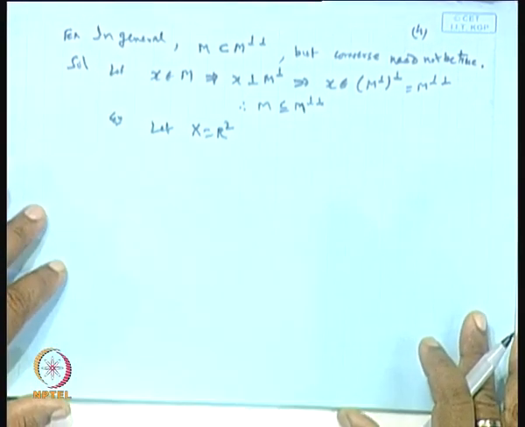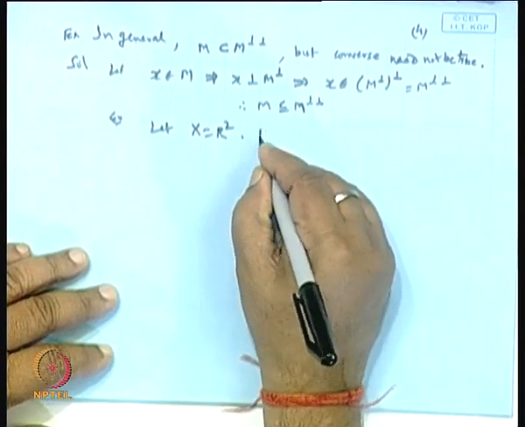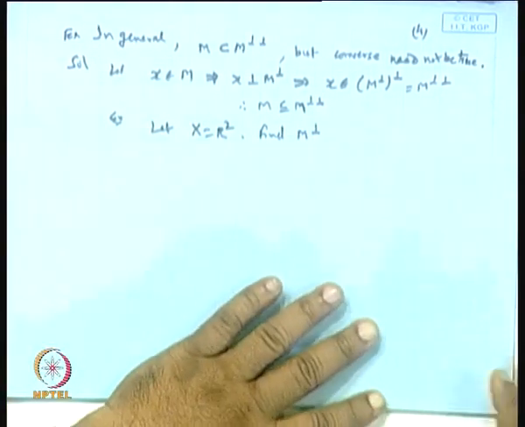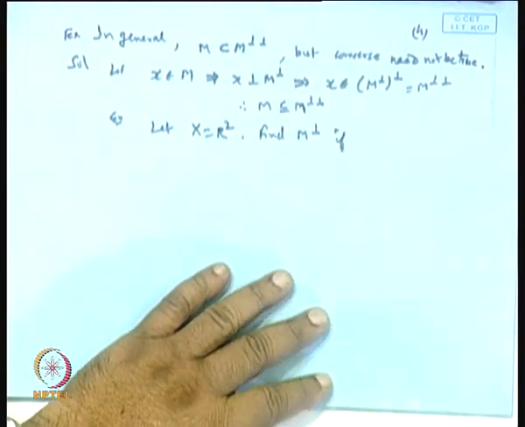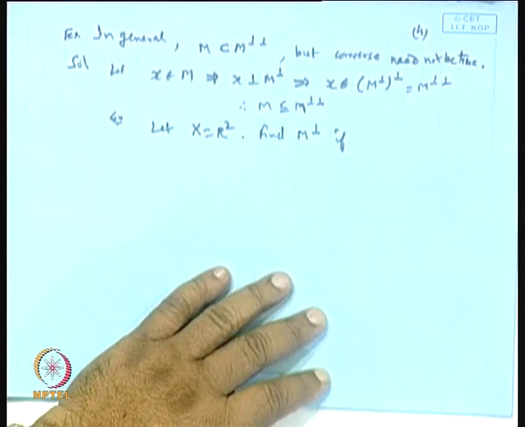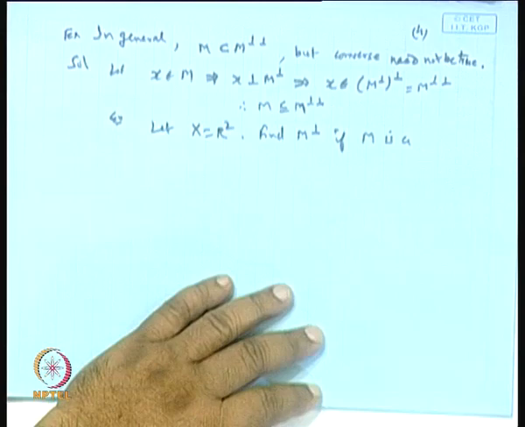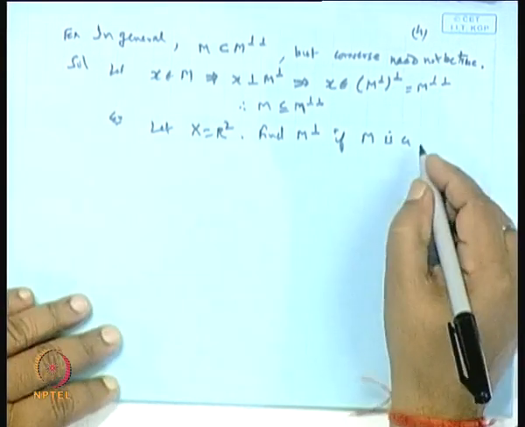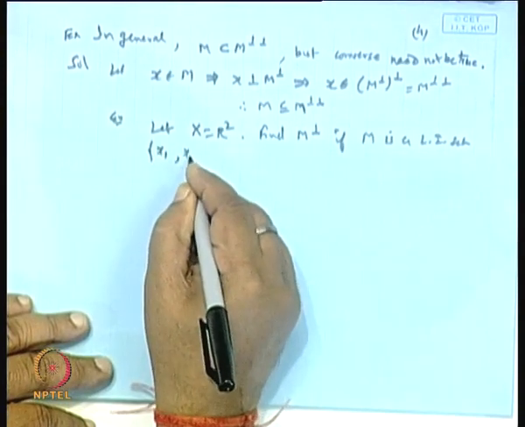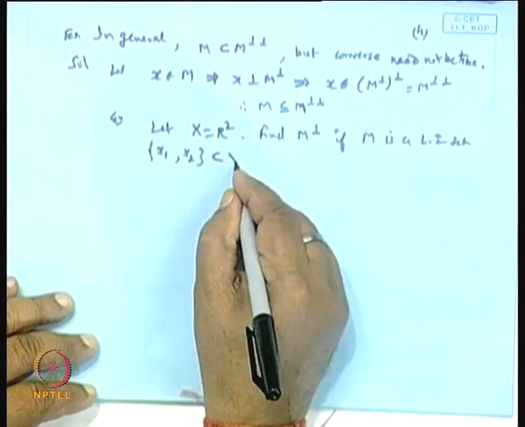Find M perpendicular if M is a linearly independent set x1, x2, which is a subset of X.